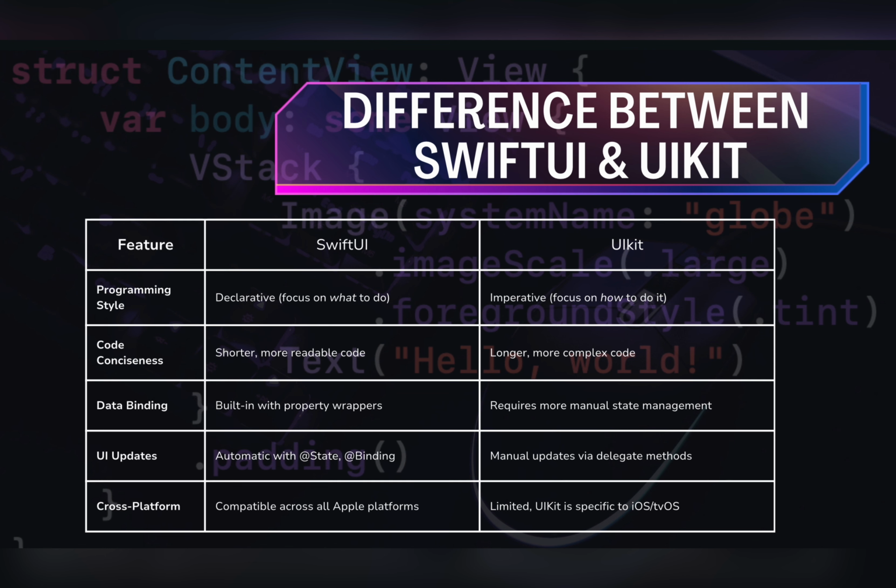Now let's come to the main point: what is the difference between SwiftUI and UIKit? SwiftUI and UIKit use the same programming language, Swift, but SwiftUI is more declarative and UIKit is imperative. Declarative means focusing on what to do. Suppose a user wants to tap, so you just have to define the tap on this view.